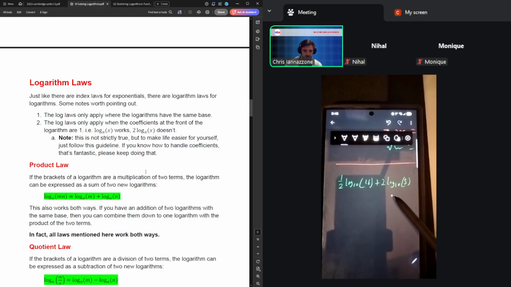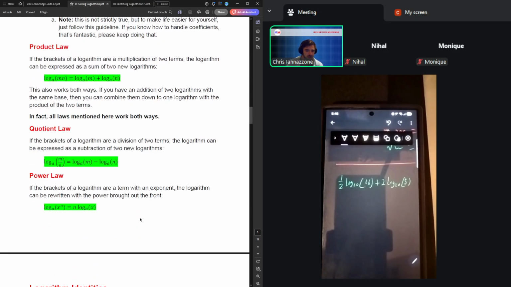So it's not like we can just combine these coefficients, 2 plus a half. We've got to do something to remove those, and there's only one way to do that. That's going to be using the power law, the third of the log laws: log a of x to the power of n equals n log a x.